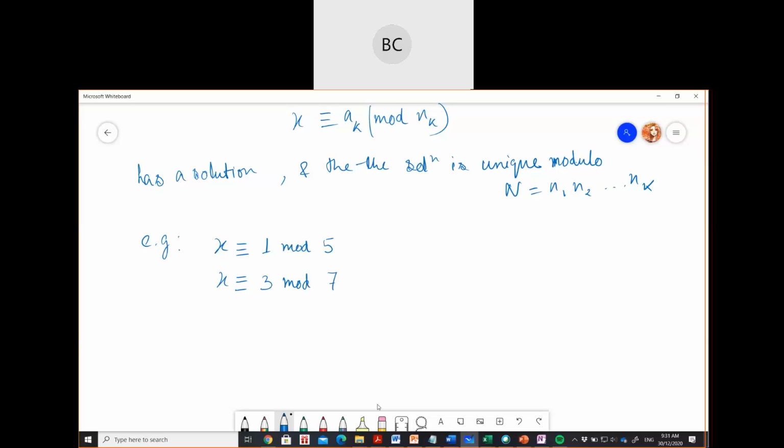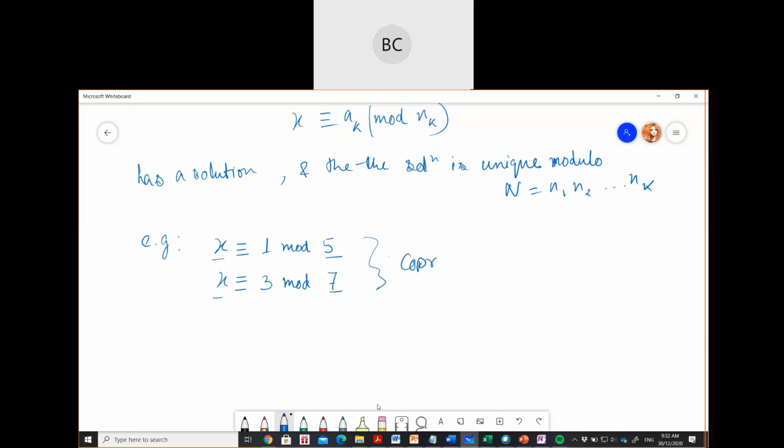Then there will be a unique answer. That means we have to find x such that if x is divided by 5 or by 7, the remainder is 1 or 3. Now the main condition is that these numbers should be co-primes. Here 5 and 7 are co-primes, right?